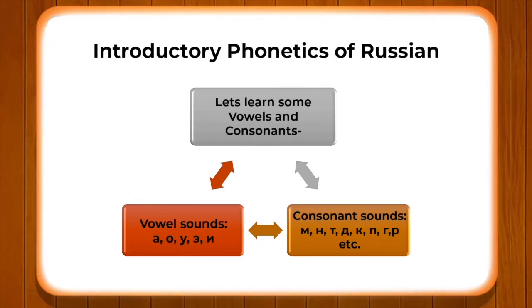We have certain examples: in vowels a, o, u, e and e, whereas we have examples of the consonant sounds like m, n, te, de, ka, pe, ge, er, etc. Now, you will see how these different sounds change.